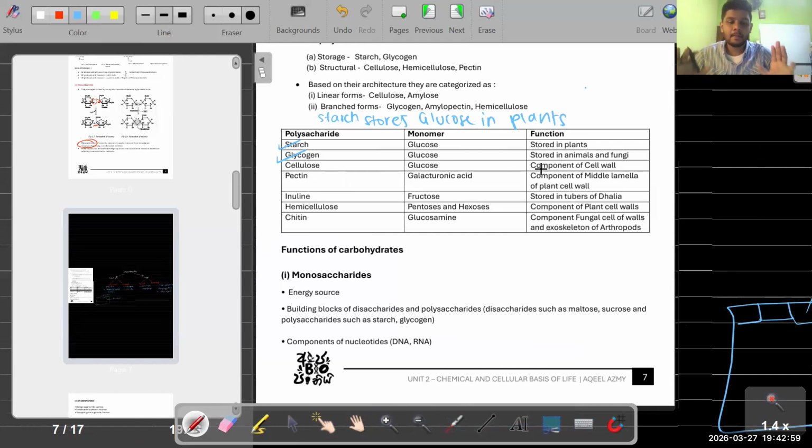Pectin. Let's come on to pectin. Pectin is made up of a monomer called galacturonic acid. Galacturonic acid. This is a new type of monomer here, right? Galacturonic acid, and it is found as a component of the middle lamella.